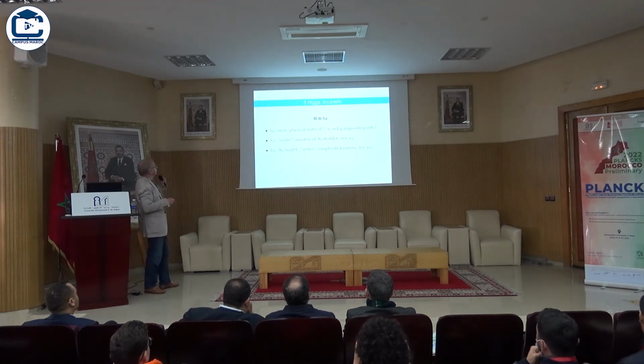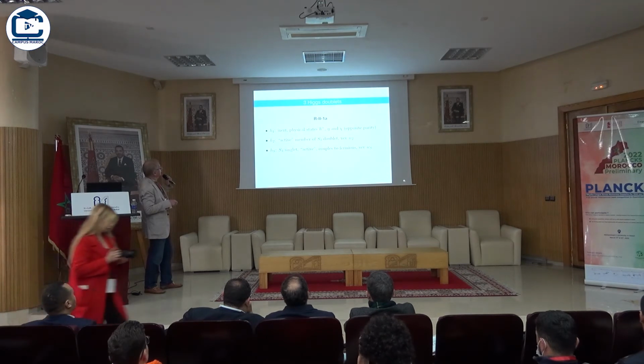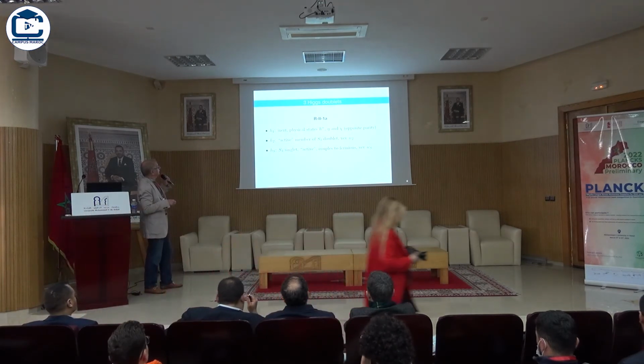So this R21A model has 3 SU2 doublets. H1 and H2 are in an S3 doublet. One is inert, has a vanishing vacuum expectation value. It contains physical states, a charged one and 2 neutral ones of opposite parity.